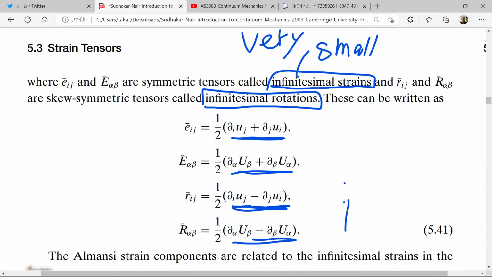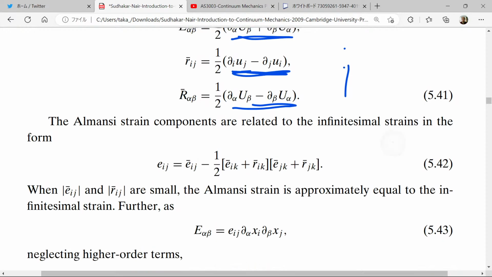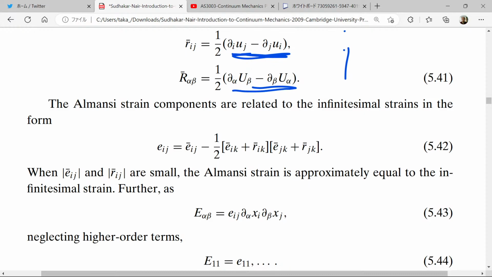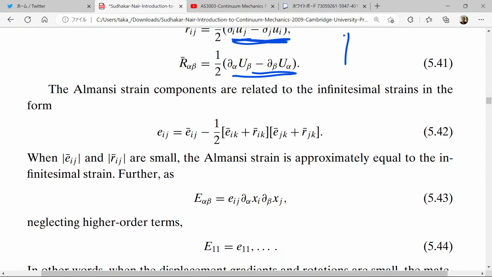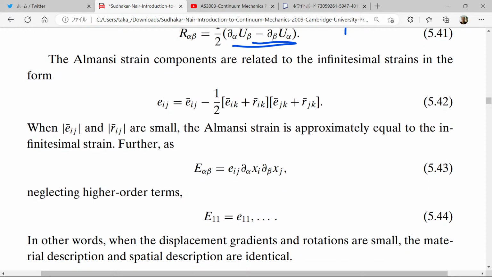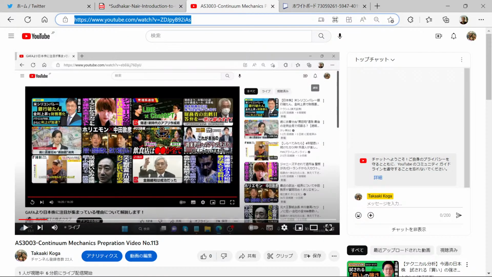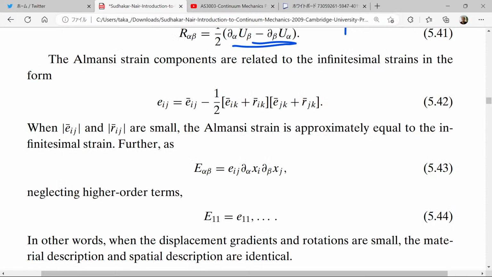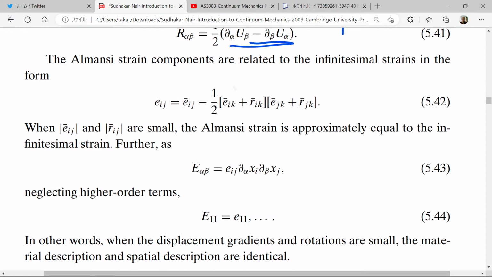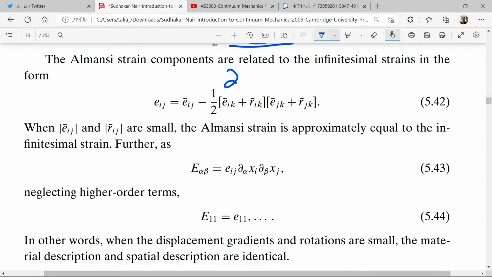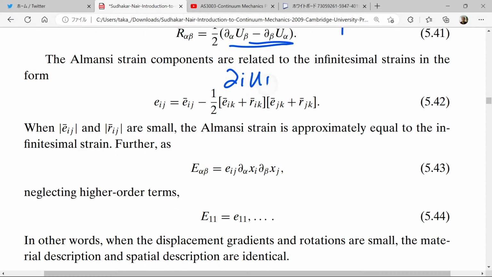So then what is this? This part is more like partial i u_k, correct?